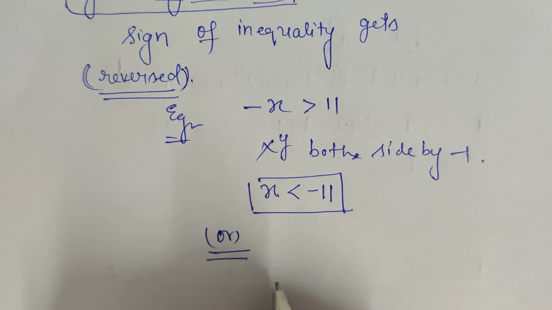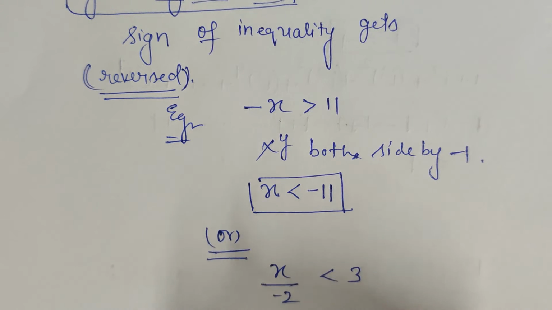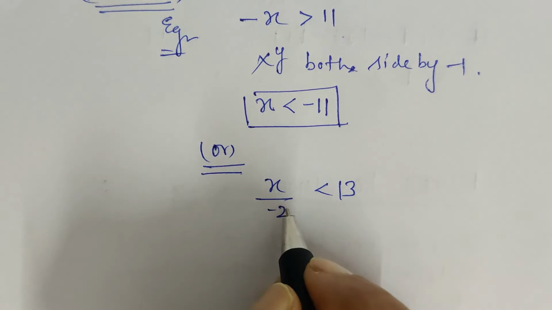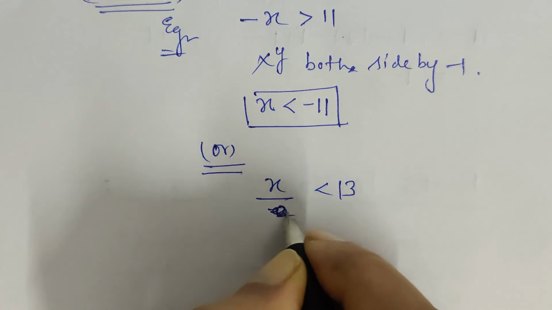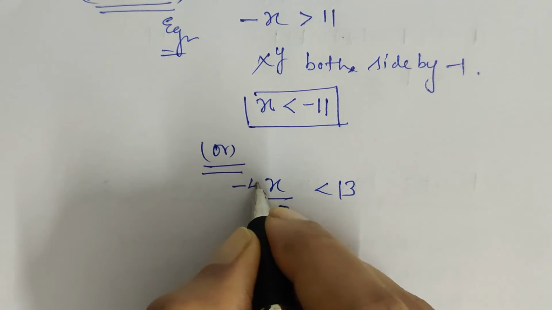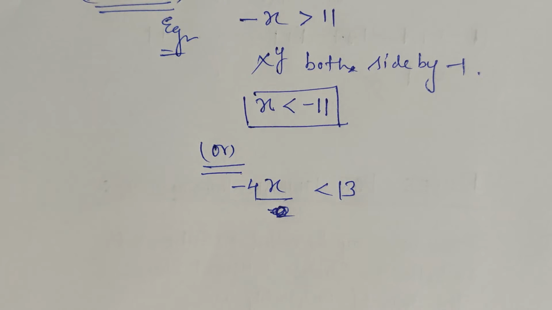Like if I have x upon -2 less than 3, or 13, let us take a different value. Let us change it, not -2, here it is -4, let us suppose, and I want to remove this -4.